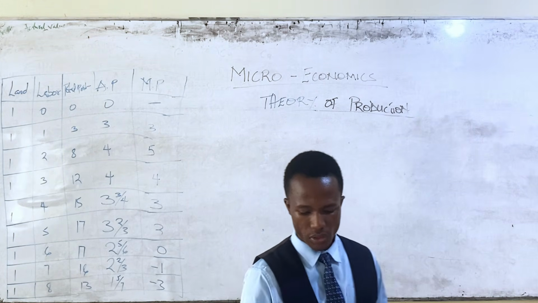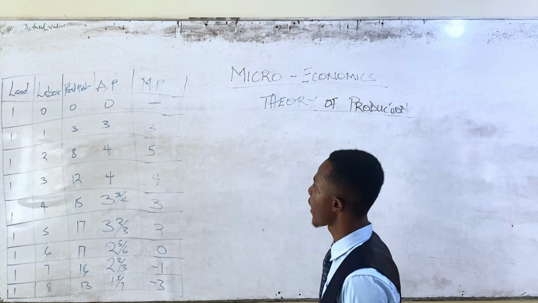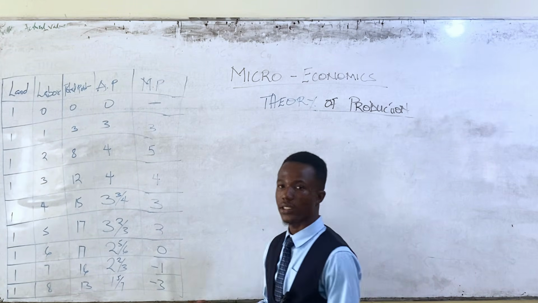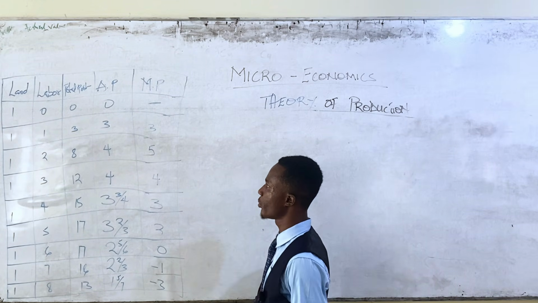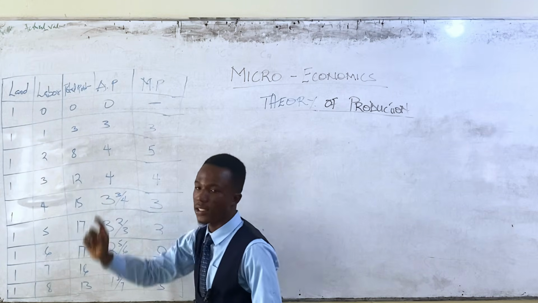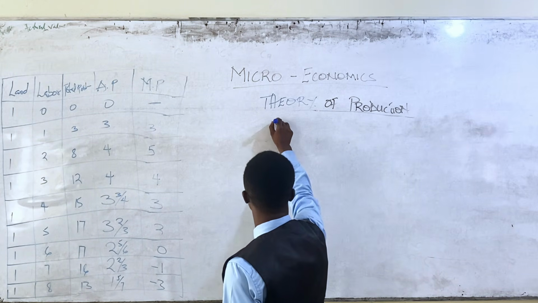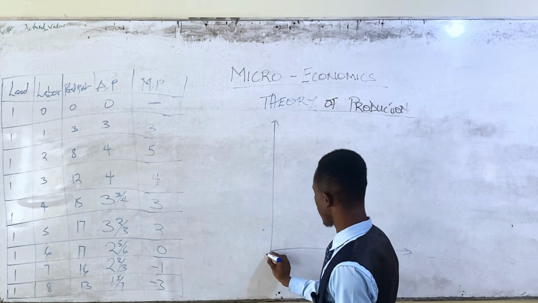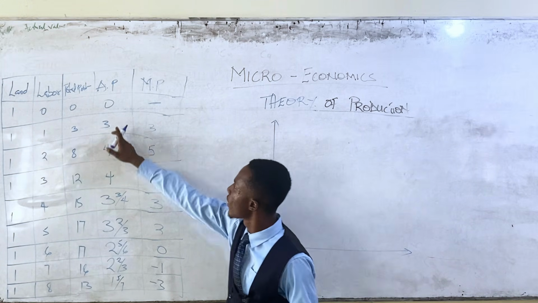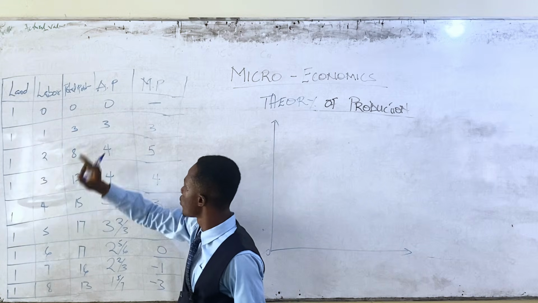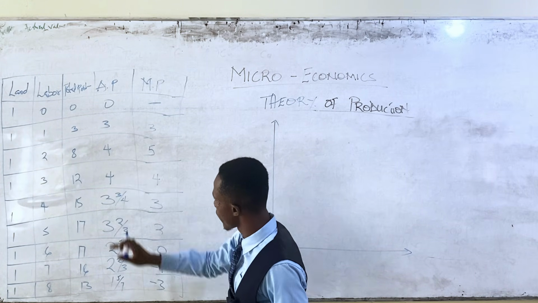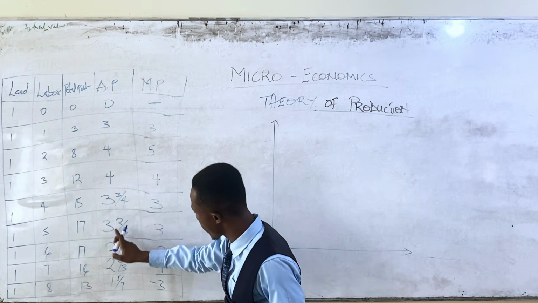Okay, so the shape of the average product, let's look at it very well and analyze how the shape is going to be. The average product starts from 0. Suppose you have a graph like this, this is 0. The average product will start from 0, will rise, then it will fall again.